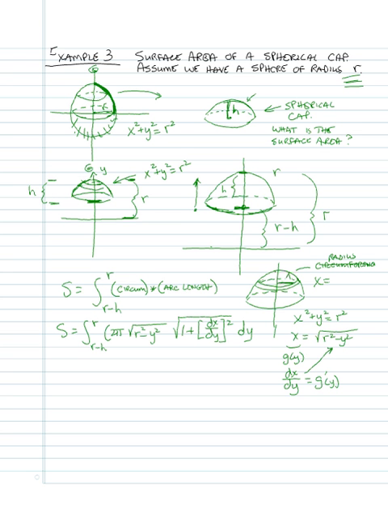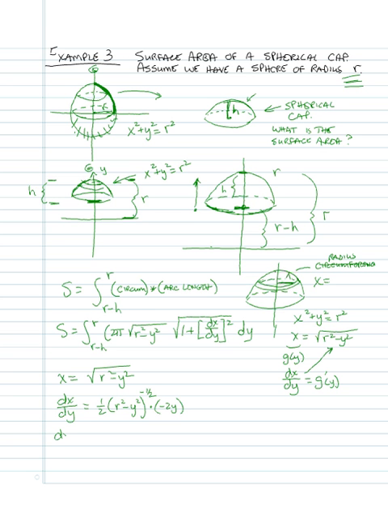Well, now, if x is equal to the square root of r squared minus y squared, then the derivative of x with respect to y is the derivative of that square root, which will be 1/2 times r squared minus y squared to the power negative 1/2 times the derivative with respect to y of the insides, which is negative 2y.